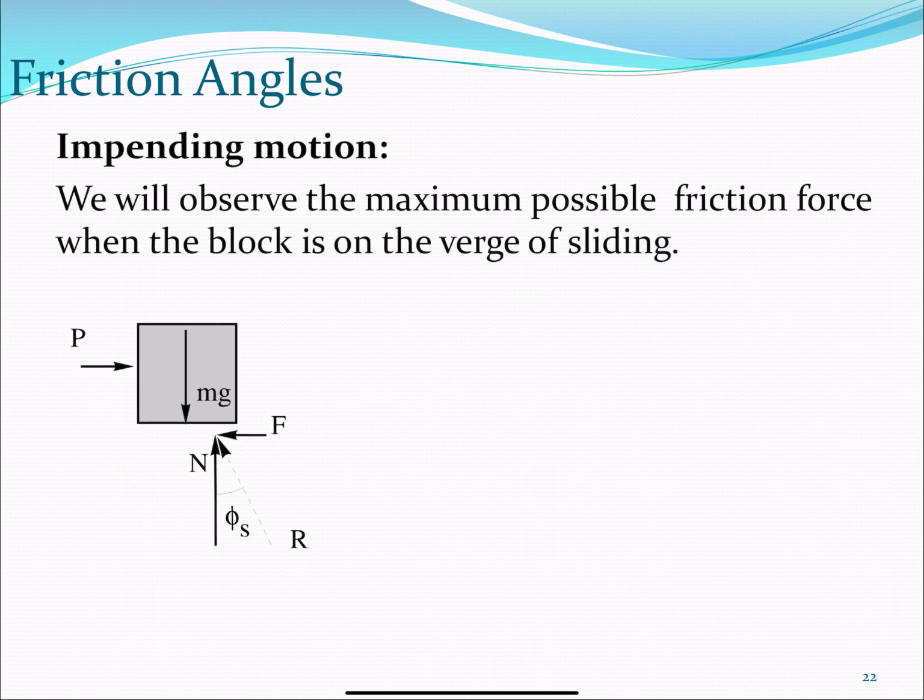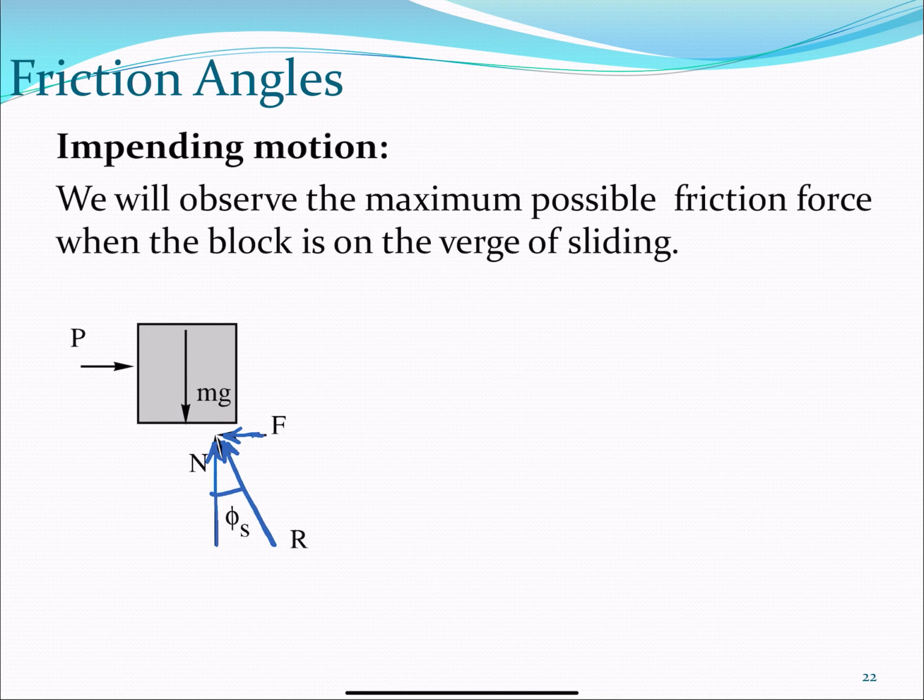So I have two forces acting at the bottom of my rigid body, and these two are components of a resultant force, which I can write as this one here. Both the normal force and the friction force make up the contact force that we were seeing when we did the microscopic analysis.